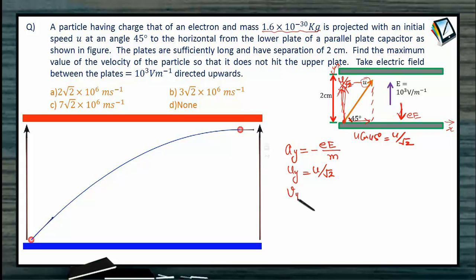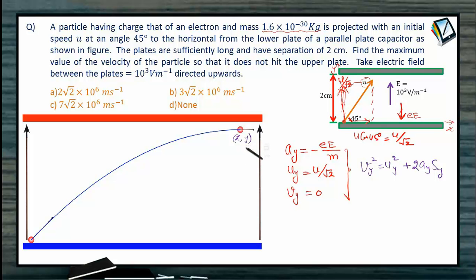So we'll assume Vy equal to 0, and then apply the third equation of motion, which is Vy squared equals Uy squared plus 2 Ay Sy. Sy is the displacement along the y-axis, so here we are assuming it to be y. Suppose there must be some x coordinate and some y coordinate.